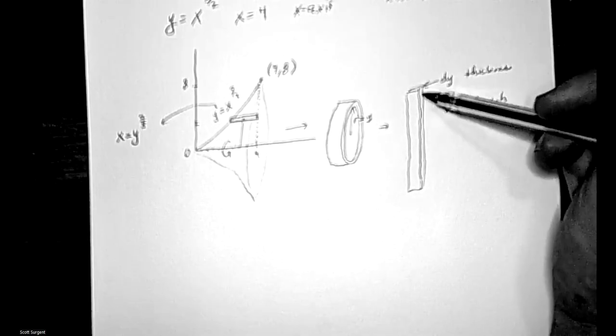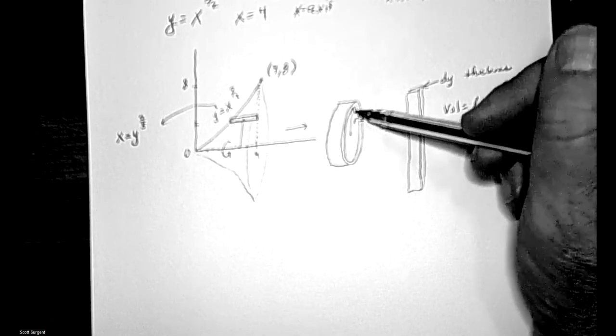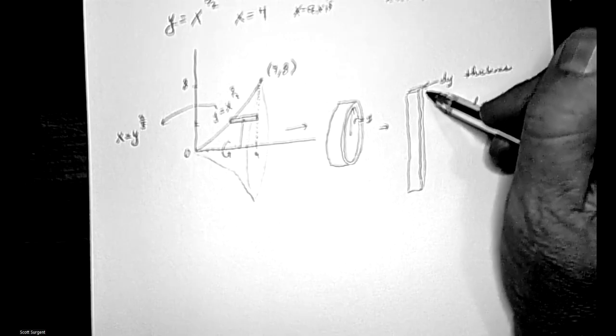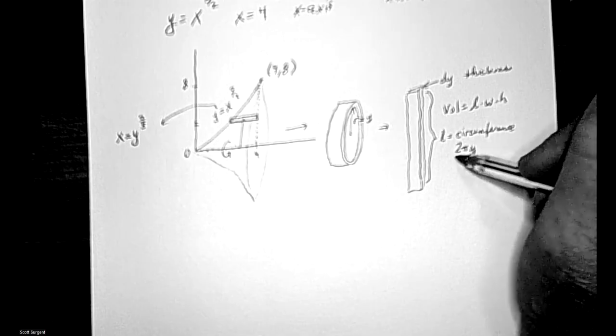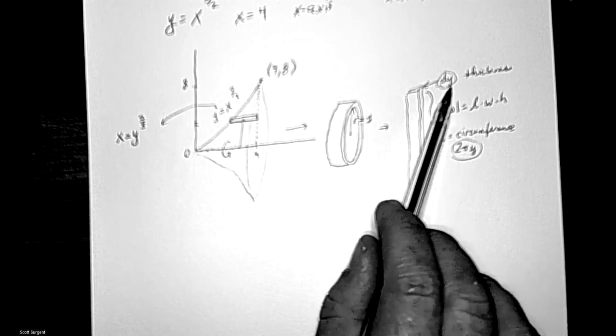And that means when this thing is spread out, the long side here is actually the circumference. So the circumference is 2 pi y. So I'll circle that. So 2 pi y and then the dy.